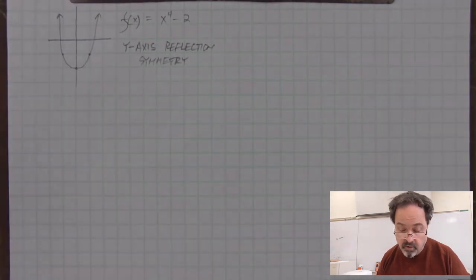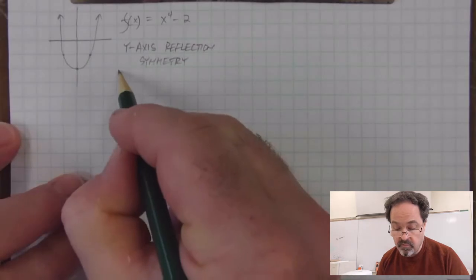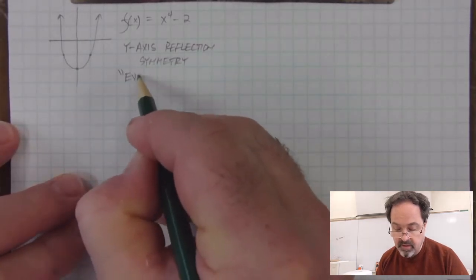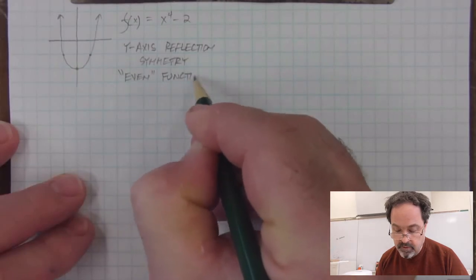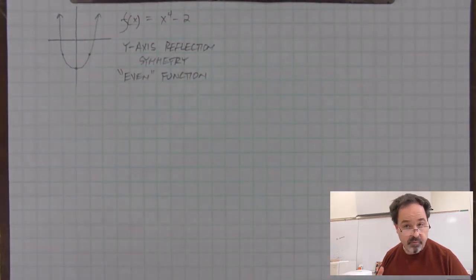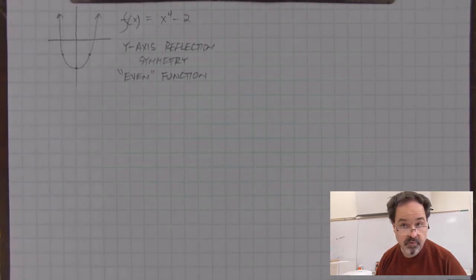If we reflect one side across the y-axis, it'll match up perfectly with the other side. But graphs are just visualizations. We can't formally justify something by looking at a graph. And if we can say or justify that it has y-axis reflection symmetry, this is what we mean by being an even function. So how can we prove that a function is even, that it has y-axis reflection symmetry?